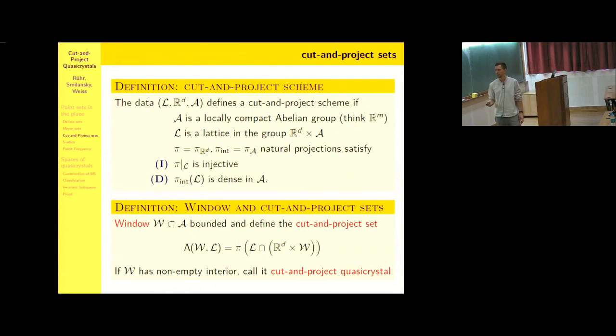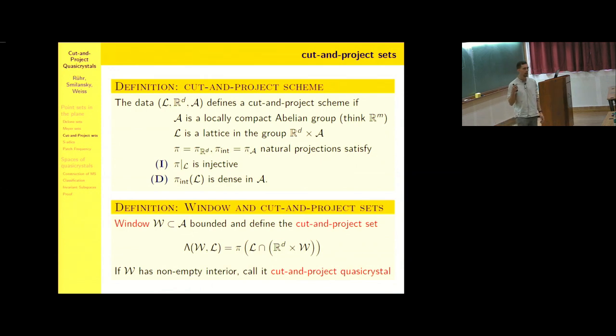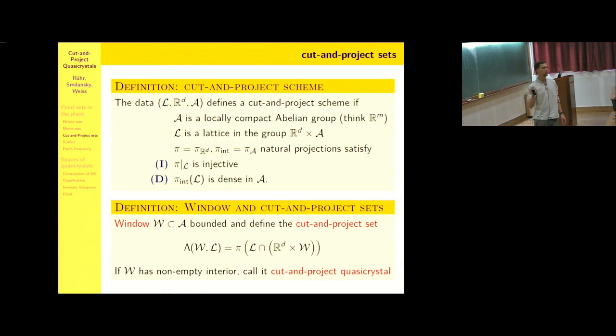If you don't assume that, then you may lose the relative denseness condition. So from now on, I will usually assume this and call the corresponding set a cut and project quasicrystal.